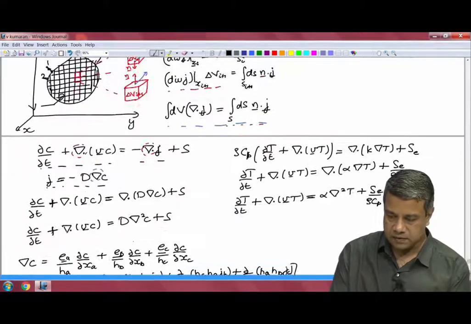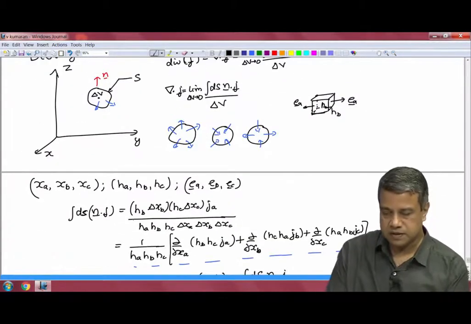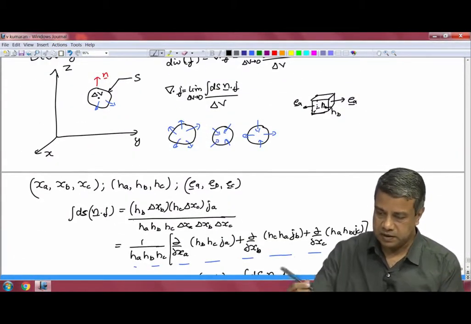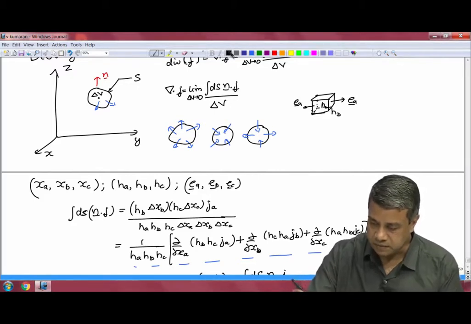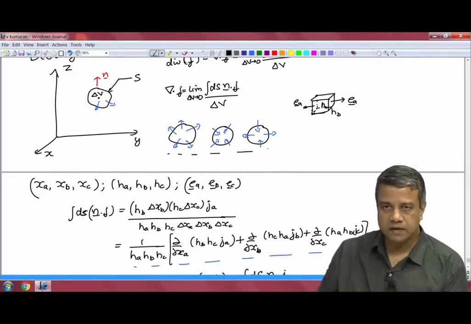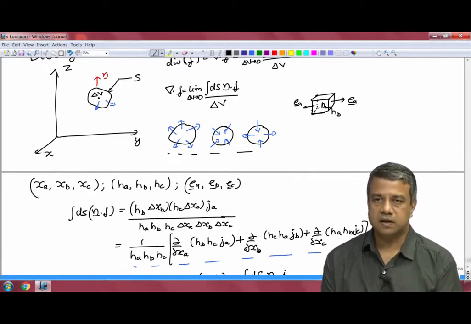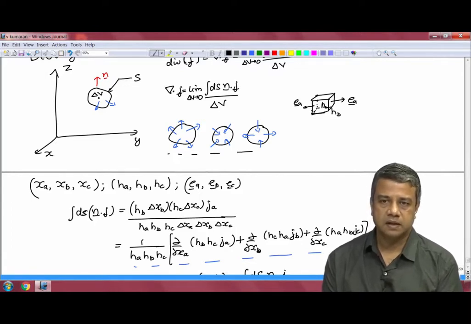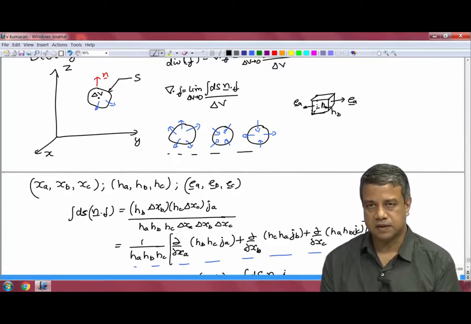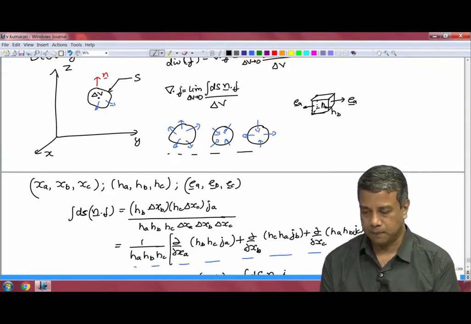I had explained for you the physical meaning of divergence over here. At a differential volume locally, if I consider a surface around that volume, take the velocity vector dotted with the unit normal and integrate over the surface, I get the divergence of the velocity. I have to divide by the volume, of course.